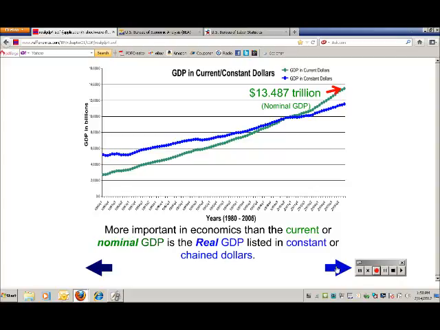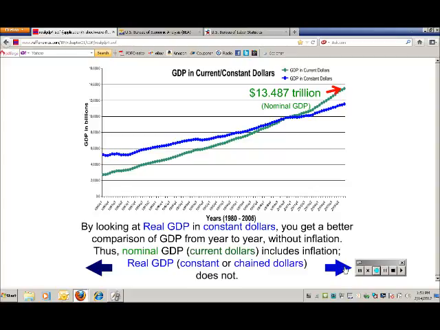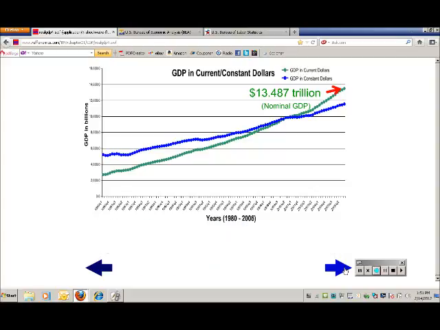This is listed in constant or chained dollars, which you find in the blue on the same graph. When you look at it, you get a better comparison of GDP from year to year without inflation. Nominal GDP includes inflation because it includes current dollars, while real GDP has constant dollars that are not changed by the inflationary process, which is a natural process over time.